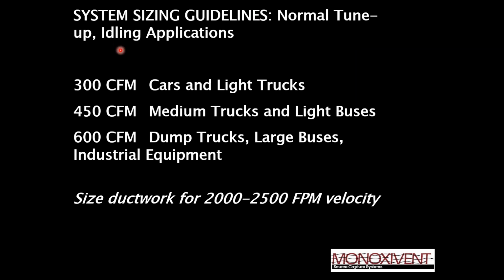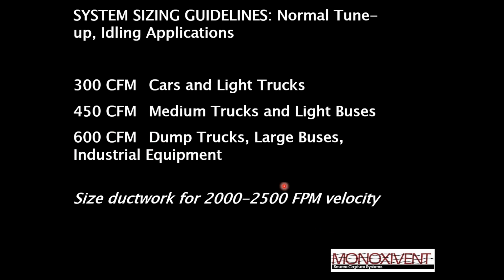But in general, for normal tune-up and idling type applications, for cars and light trucks, I'm going to be 4-inch diameter hose, 300 CFM. Medium trucks and light buses, like let's say ambulance-sized vehicles, 5-inch diameter hose, 450 CFM. And then for my semi-trucks, my dump trucks, the public transportation buses, some industrial equipment, some ag equipment, I'm going to be at 6-inch diameter hose, 600 CFM.